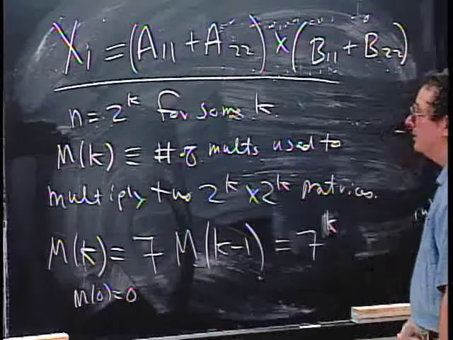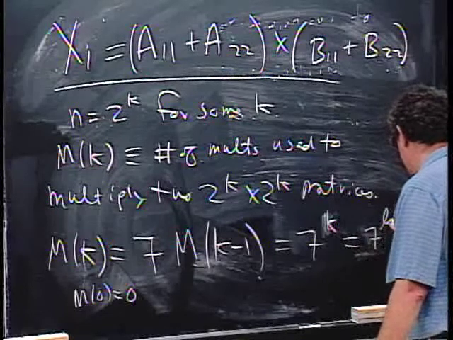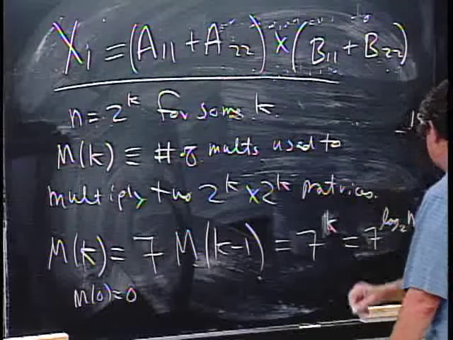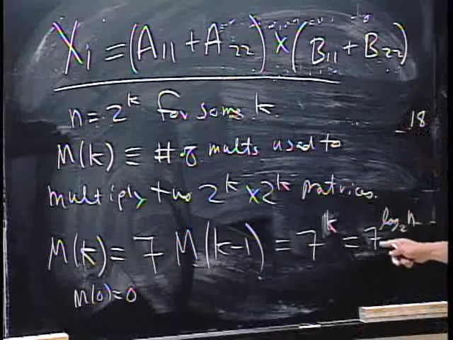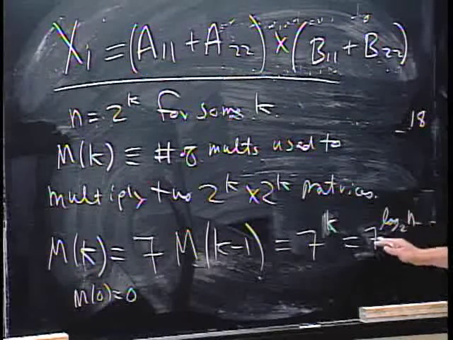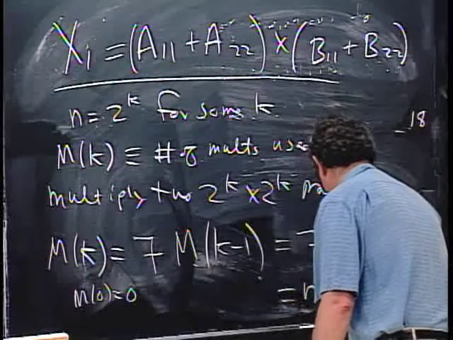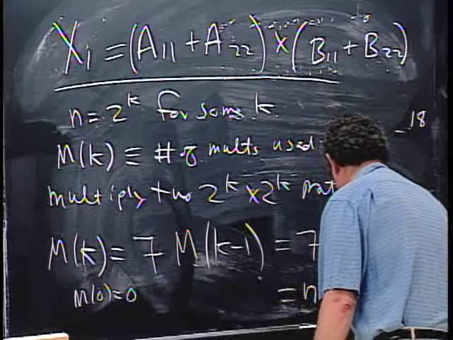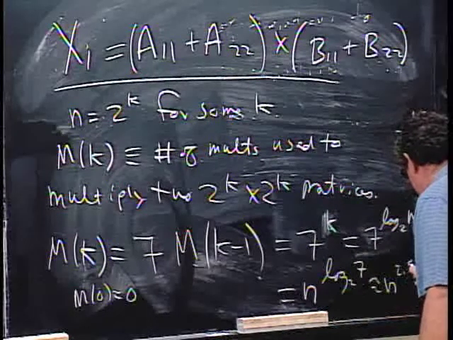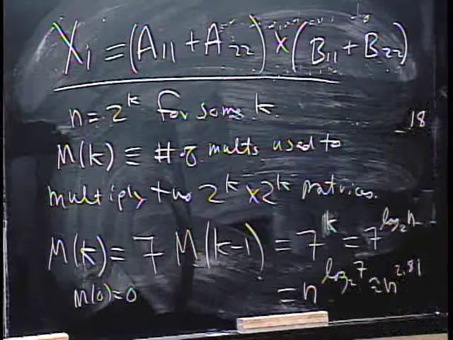Well, k is log base 2 of n, so that's 7 to the log base 2 of n. This is a little clumsy, but you all remember the trick that we've talked about. We can exchange the 7 and the n here, so this is equal to n to the log base 2 of 7, and that's about n to the 2.81. So that's the analysis of the number of scalar multiplications.